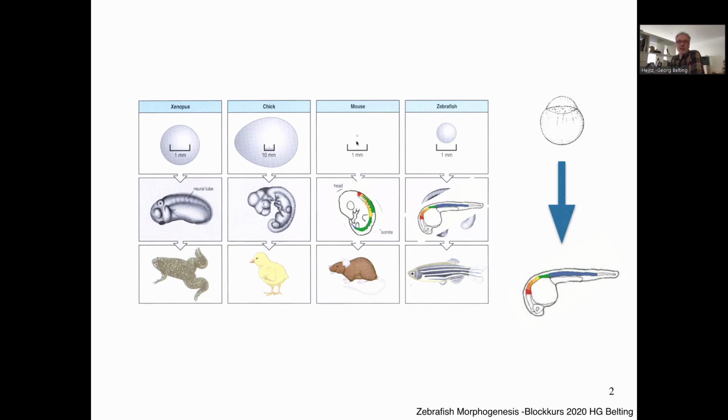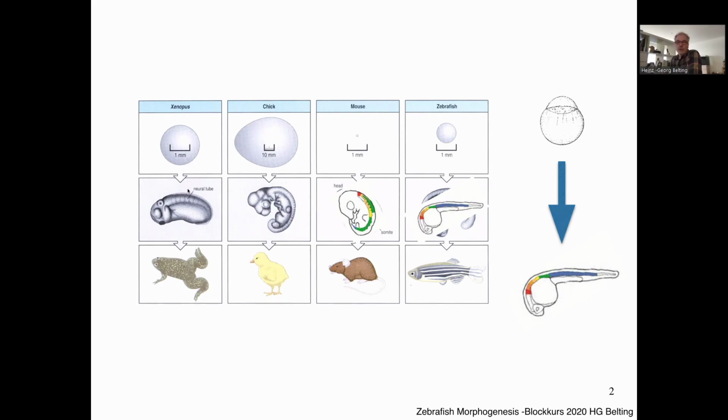There is not really much of an egg to see, just an oocyte. And in zebrafish, it's a bit like xenopus. But as you heard already this morning, early development, cleavage and blastula, is a bit different from xenopus to zebrafish, especially when it comes to these cleavage divisions in the beginning.